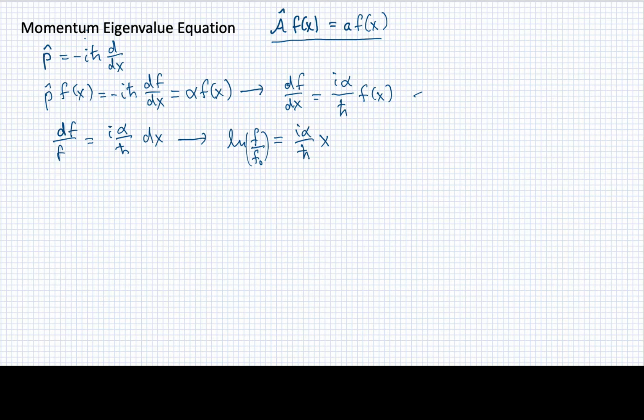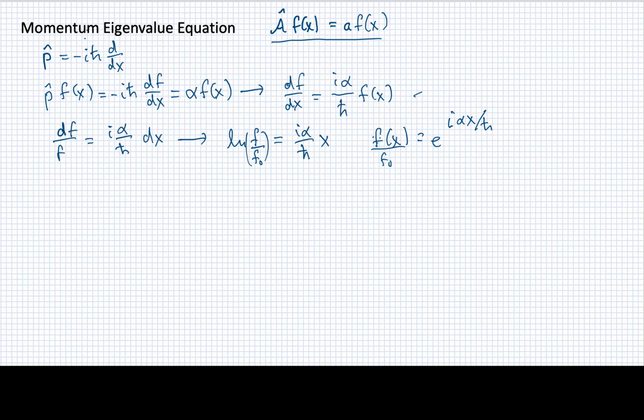When I solve this equation for f, raising e to the power of both sides, we'll have f of x is equal to e to the i alpha x over h bar. And in fact, since I've got this over f0, I'll make it like that.